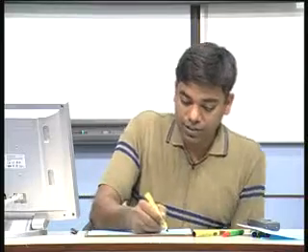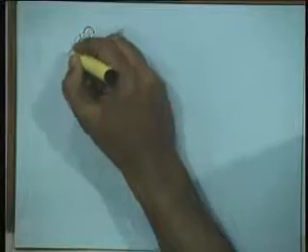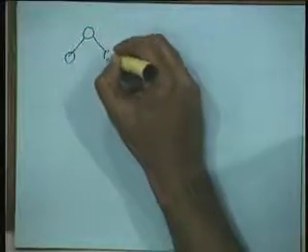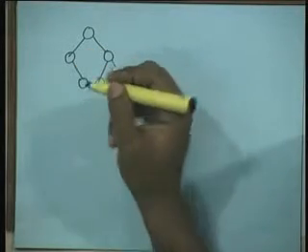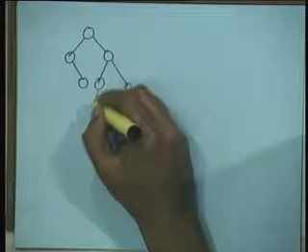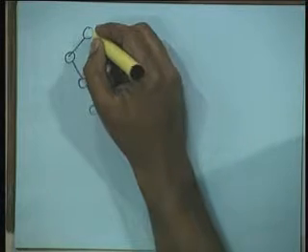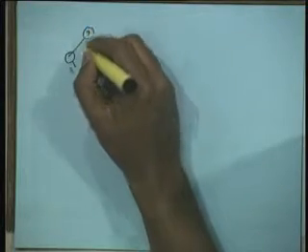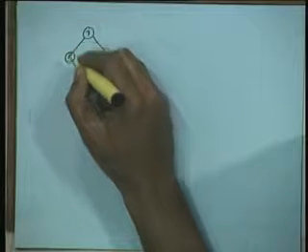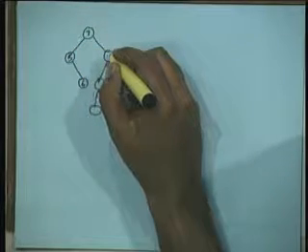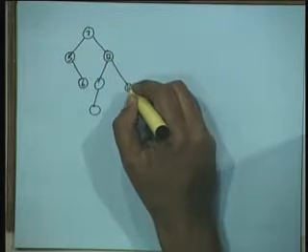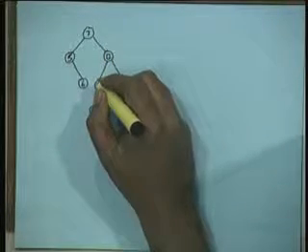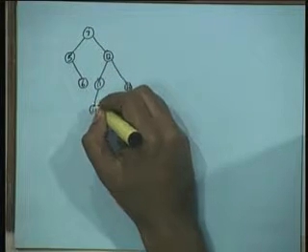Suppose I have a tree which looks like the following. I need to put in some keys so that this looks like a binary search tree. So let us put in 7, 5, 6, 12, 13, 11, 10.